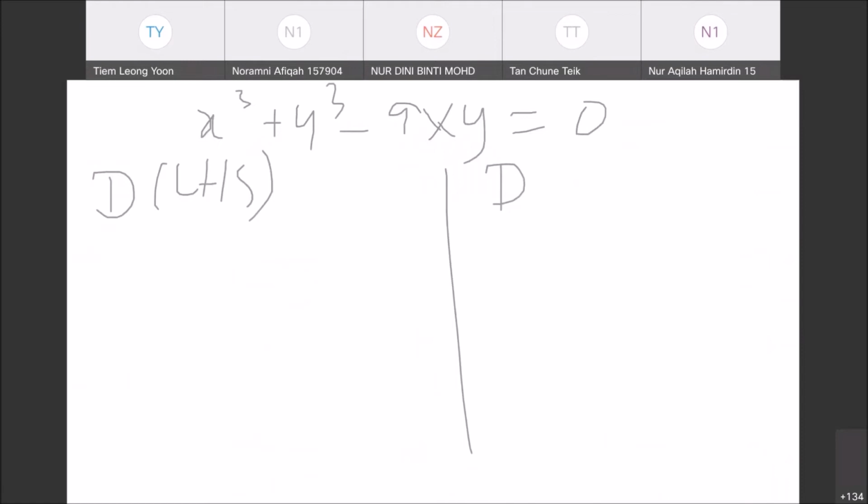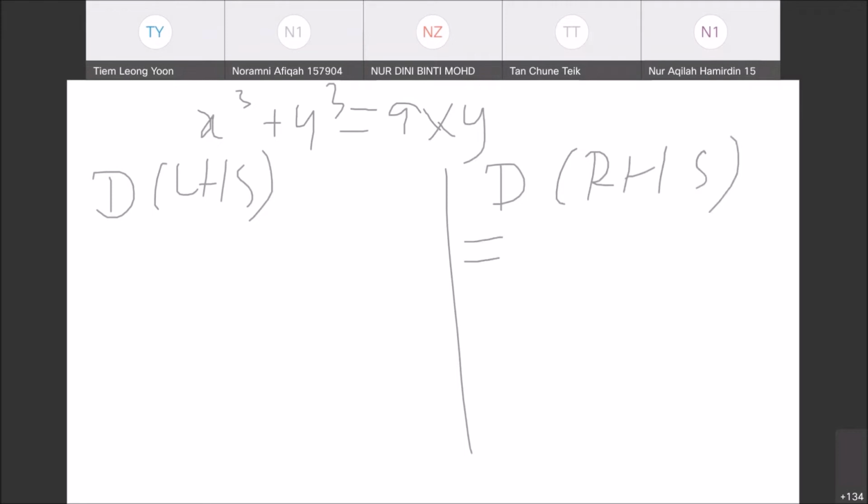So then you would want to change the expressions a little bit. Maybe, for example, you just move the 9xy to the right hand side. Then you get x cubed plus y cubed equals 9xy.